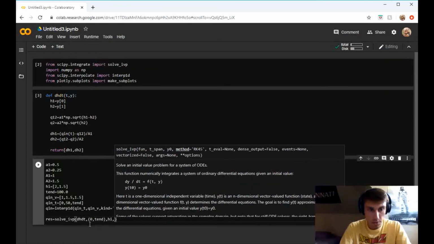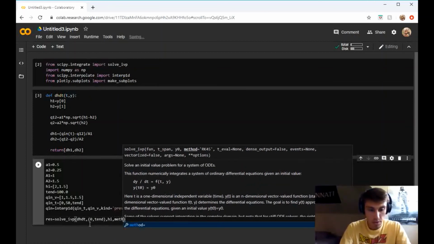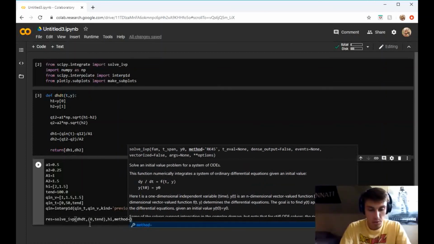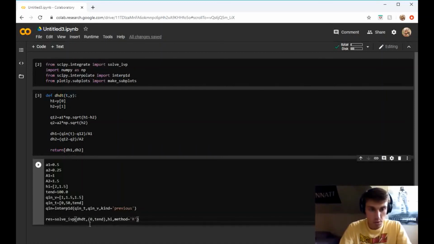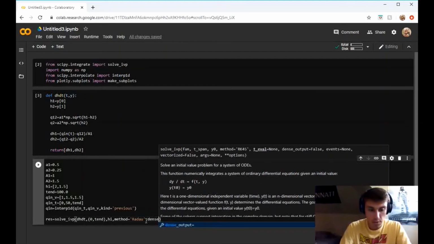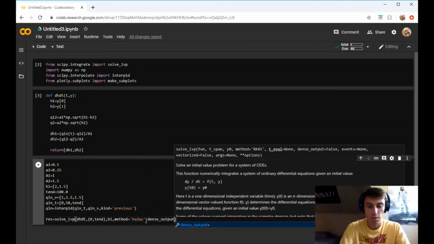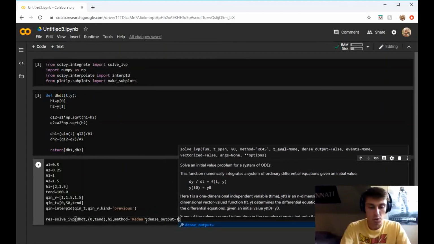H0 for the initial height method. We're going to use the Radau method, and we want the dense output to be true.